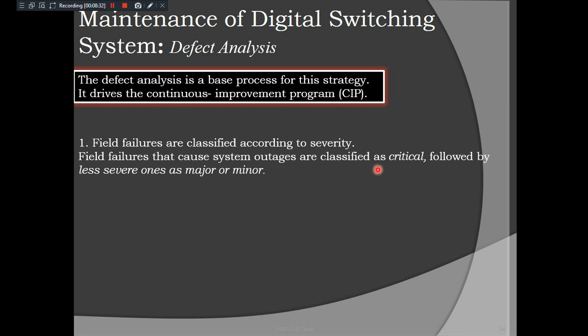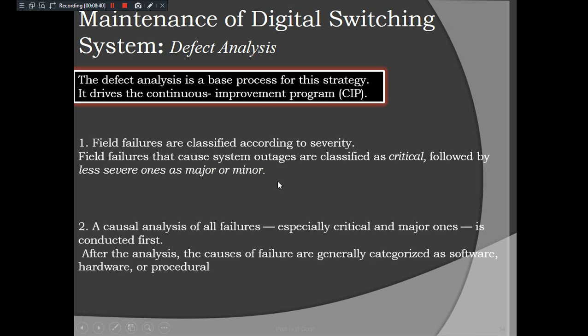Three types are there. Causal analysis of these failures, especially critical and major ones, is conducted first, and we have seen that as per the Bellcore standard, critical faults should be fixed within 24 hours, whereas major ones should be done within 32.